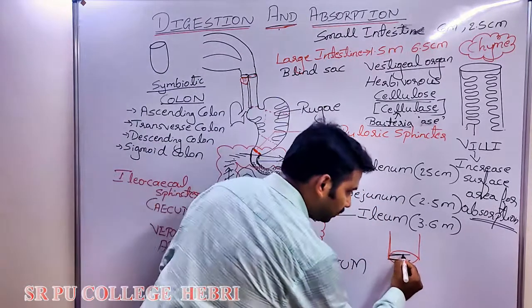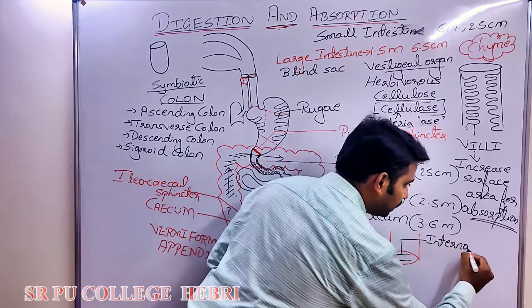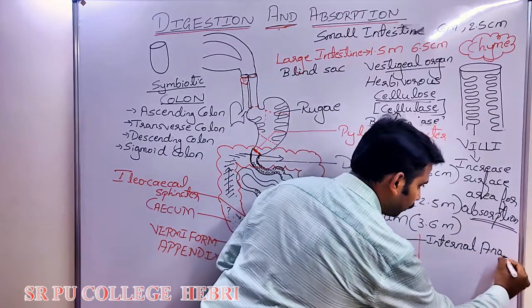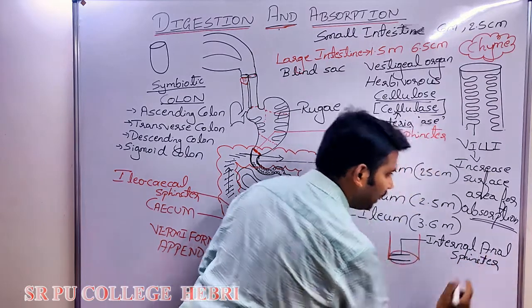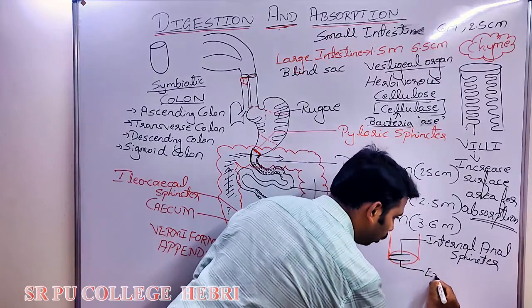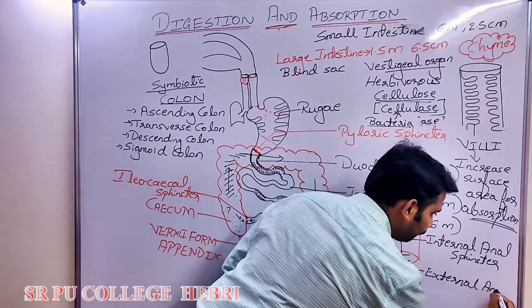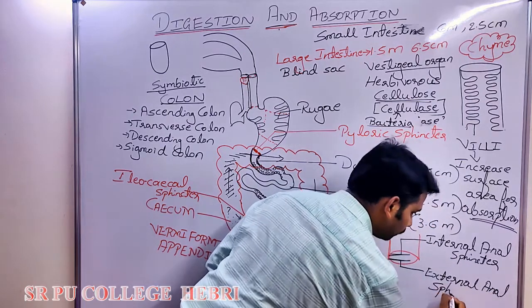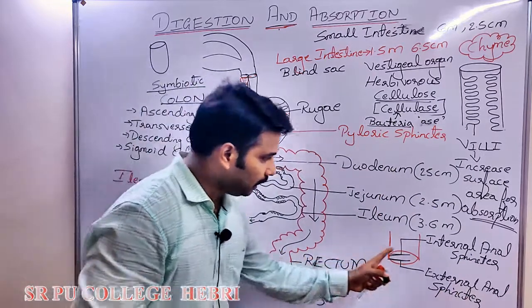What are they? The inner one is called the internal anal sphincter, very important. The outer one is called the external anal sphincter, very important.